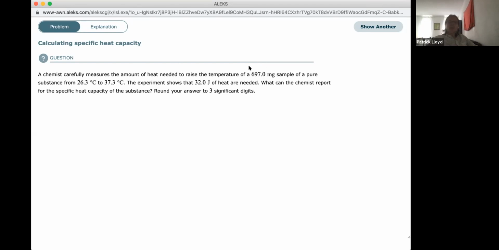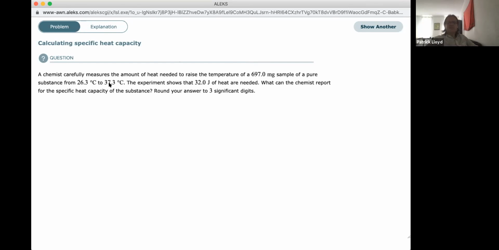So notice that's mass, right? So mass is an important part of this problem. Mass, heat, and then see how the temperature changes from 26.3 to 37.3 degrees Celsius. So that's like a warm day. That's like 80 degrees or something like that.